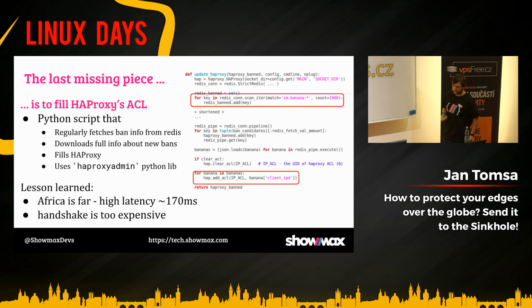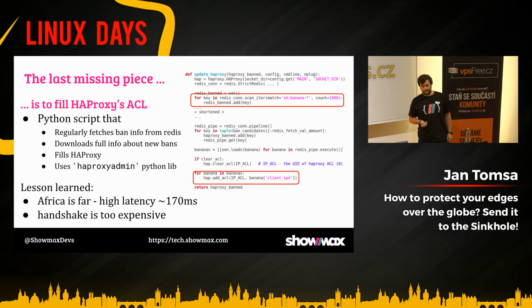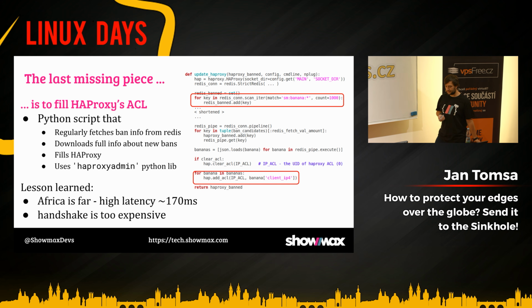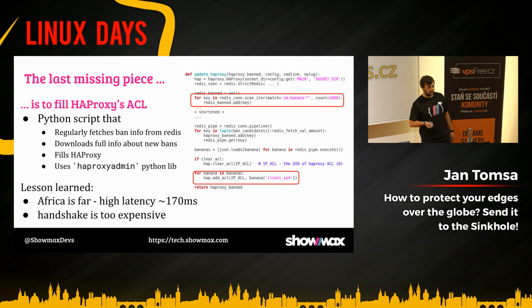When we were designing and deploying this thing, we learned the hard way that Africa is really far. When we were designing and testing it, it all happened in Germany, so it was not an issue.